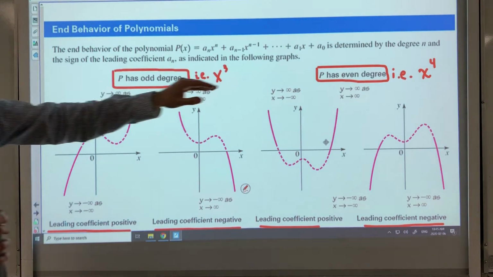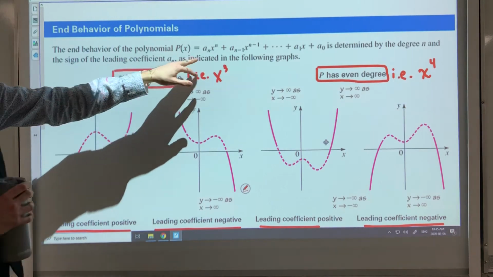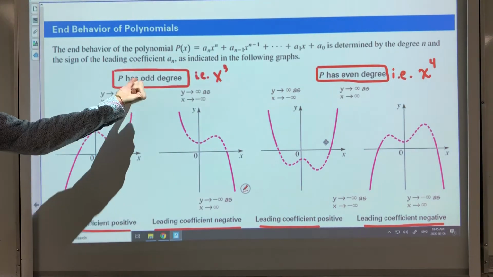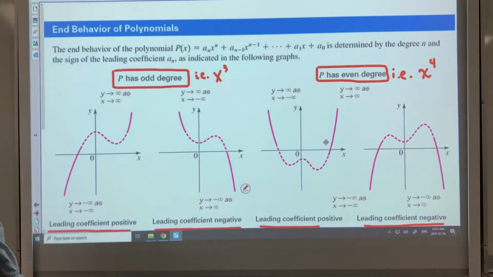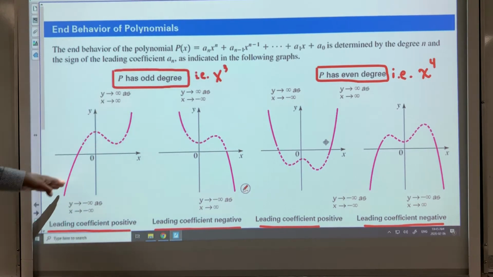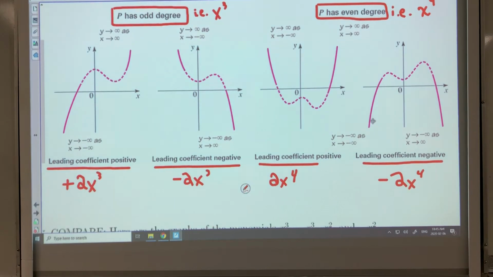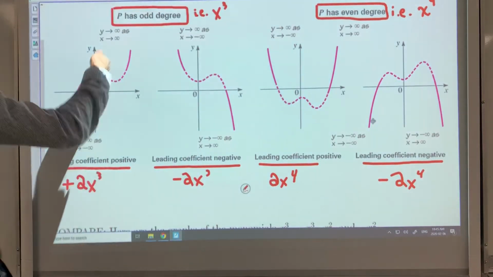All right, so degree n and the sign of the leading coefficient a_n as indicated in the following graphs. If you have an odd degree, like an x to the 3 graph, then we have end behavior like a positively sloped line if the leading coefficient is positive. So positive leading coefficient, odd degree, positively sloped line.